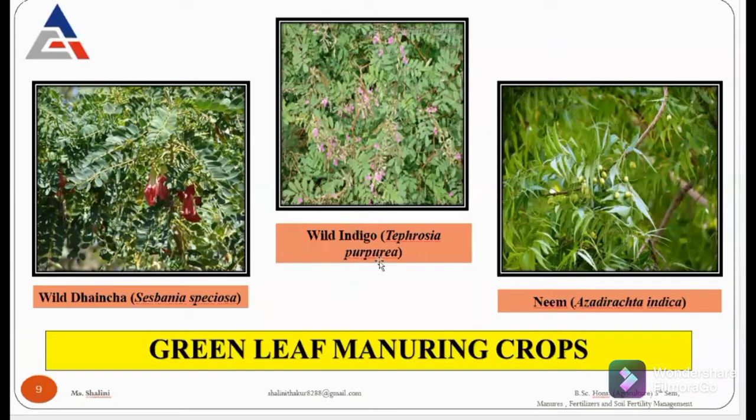That's why it is known as Tephrosia purpurea. Then neem, that is Azadirachta indica. So these are the crops which we use for green leaf manuring. It means we have to collect their flowers, twigs, and leaves, and then incorporate them in our main field.